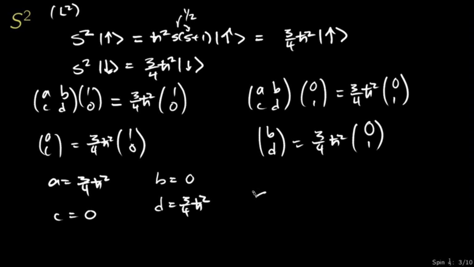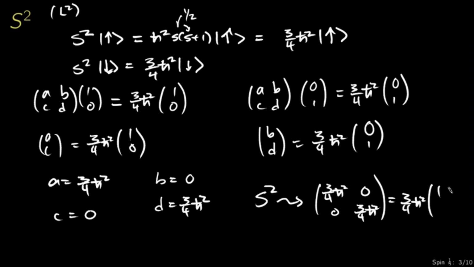What that means is that our S squared operator expressed in this basis is 3/4 ħ², 0, 0, 3/4 ħ². It's more conventional to factor this 3/4 ħ² out front and just write this as 1, 0, 0, 1, the identity matrix essentially. So this is our matrix representation of S squared.